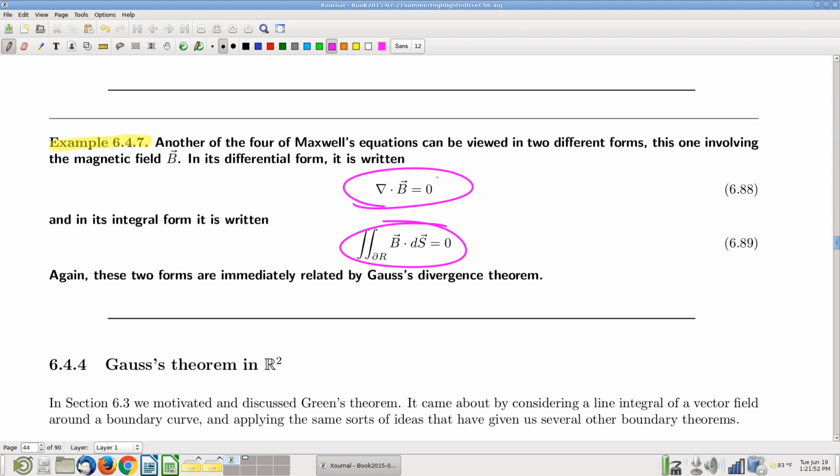And again, the way you get from the one to the other, you take a triple integral of both sides of that equation. Triple integral of divergence, by Gauss's divergence theorem, gives you flux. Okay, so they're not thought of as being two separate equations. They're thought of as being two different versions of morally kind of the same equation.